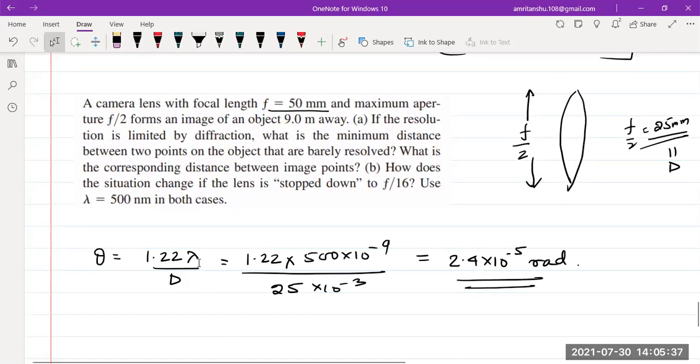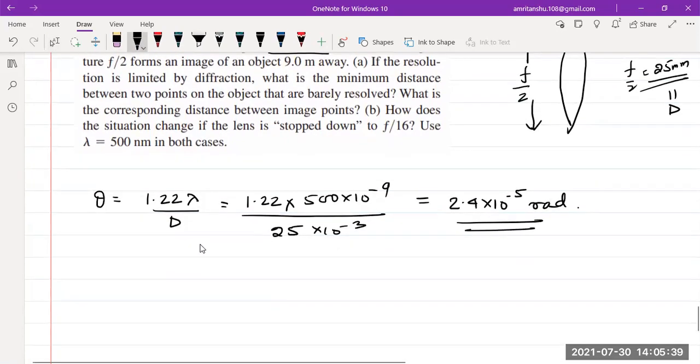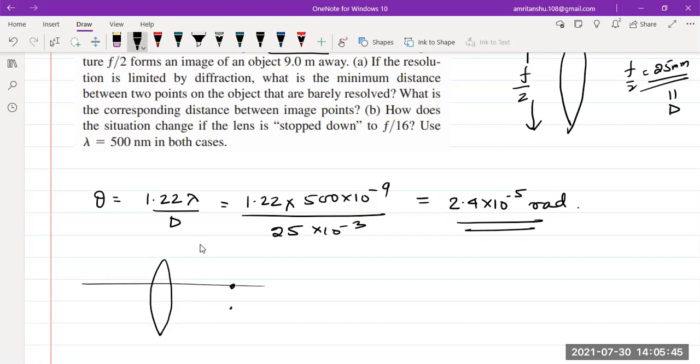Here also you can just calculate now. Once you get the theta, you know this point. The concept of these problems is very, very simple. Once you get theta, you can very easily calculate this. Here you keep it at f, and this distance you need to calculate.